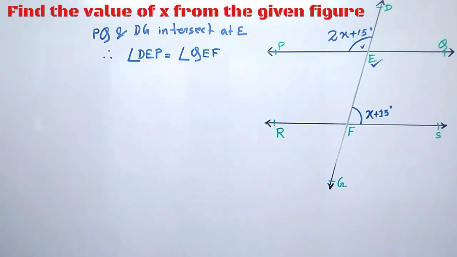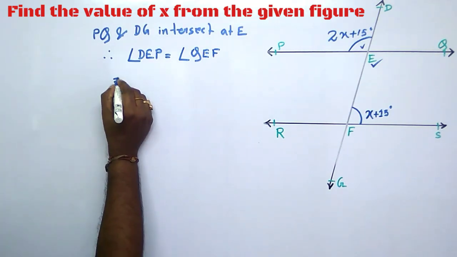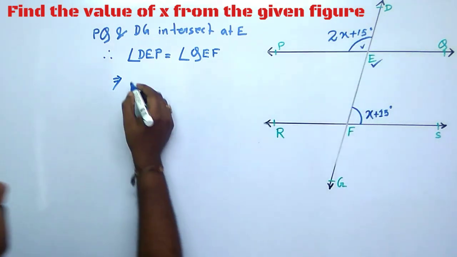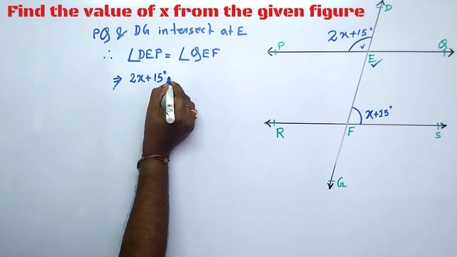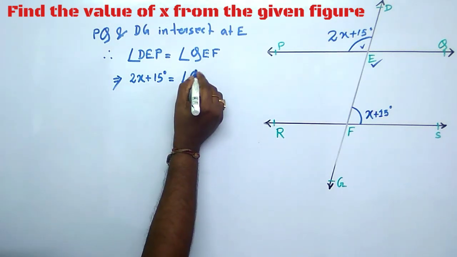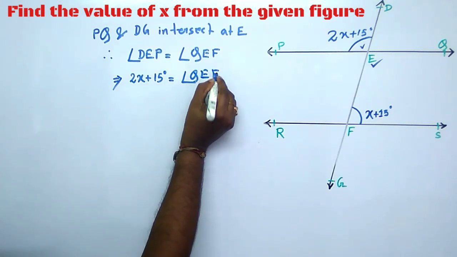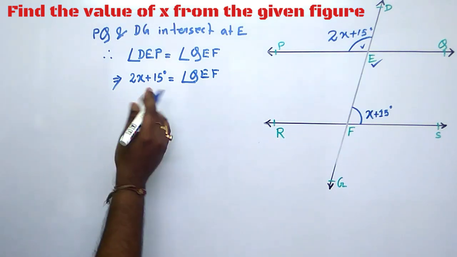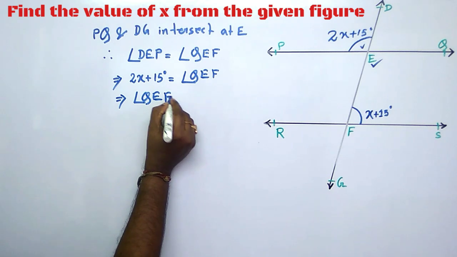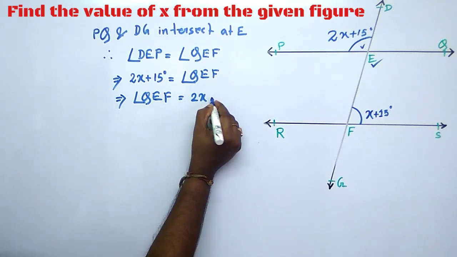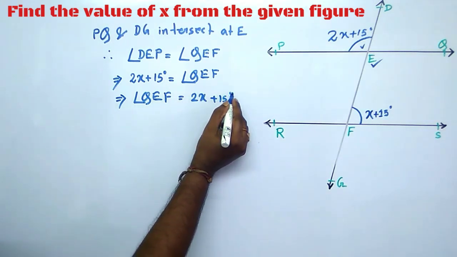Okay. So, value of DEP what? 2x plus 15. So, write here 2x plus 15 degree equals angle QEF. So you can write this like this: angle QEF equals 2x plus 15 degree.